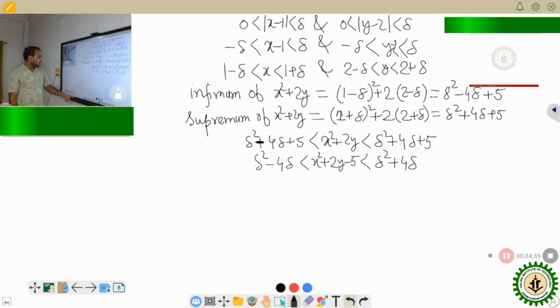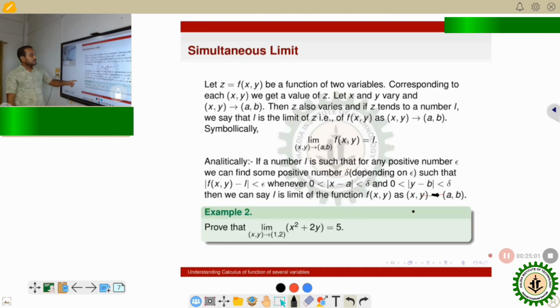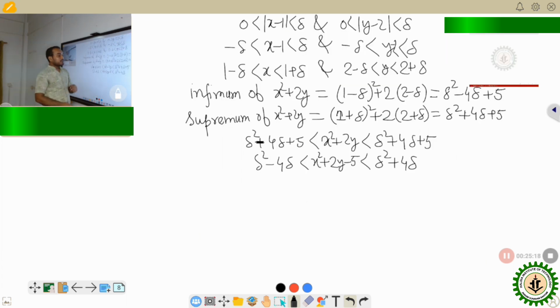But in the definition, we have already seen that whenever this condition holds, mod of f of x comma y minus L must also be less than epsilon. And what is this number? This is some positive number, near about 0. So you can write these conditions again like this.